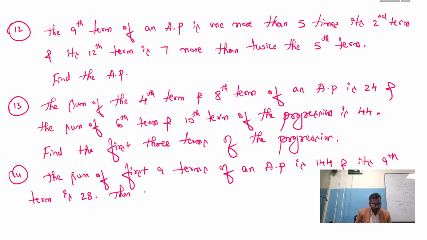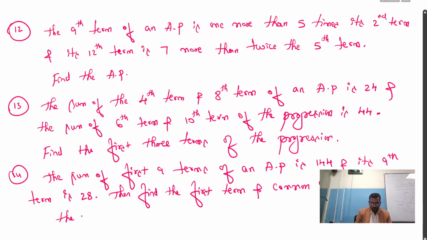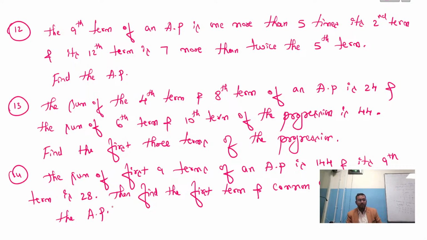Then find the first term and common difference of the arithmetic progression. So I have just given three questions for you guys.